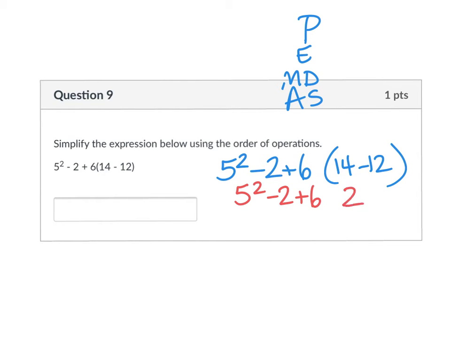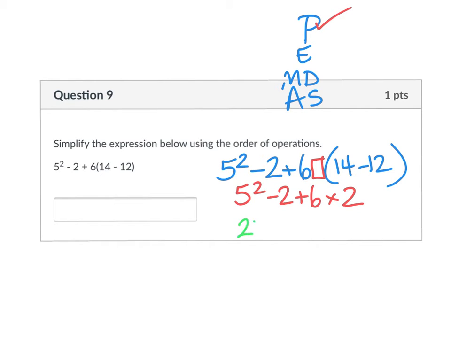I don't want this to look like 62. Since there is no sign right here between the 6 and the parentheses, that tells me that is going to be multiplication. So now that I'm done with those parentheses, I'm going to put that multiplication sign in so I know to multiply. All right, I took care of my parentheses, so now I'm on to my exponents.